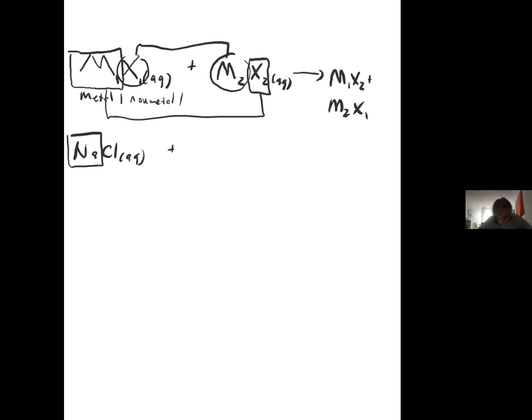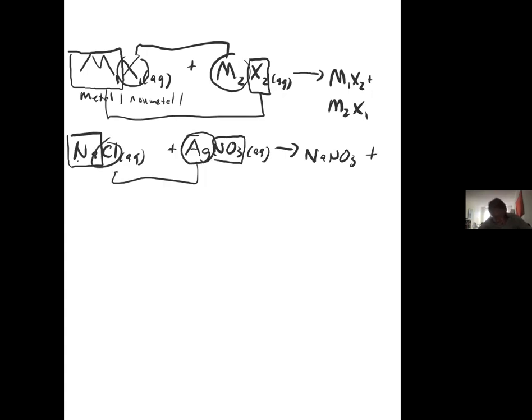An example of this might be sodium chloride plus silver, I guess I'll do silver nitrate. So what happens is the sodium goes with the nitrate, so you get NaNO3. And then you get the silver with the chloride, AgCl.